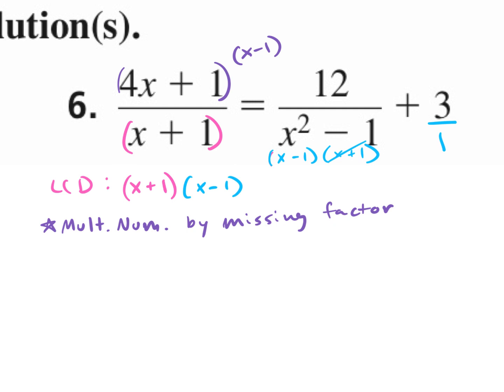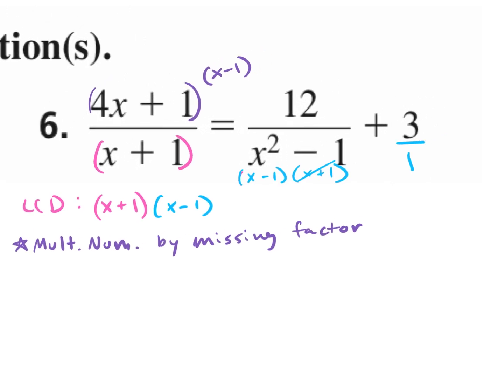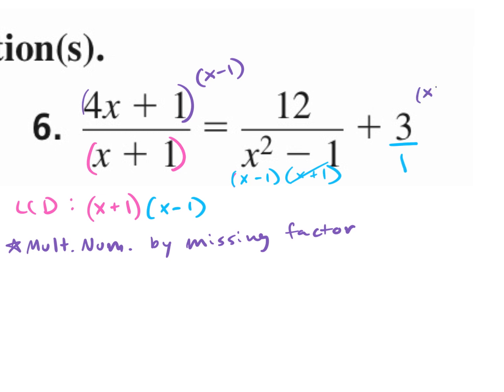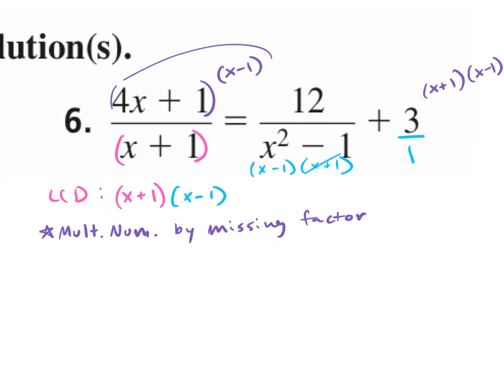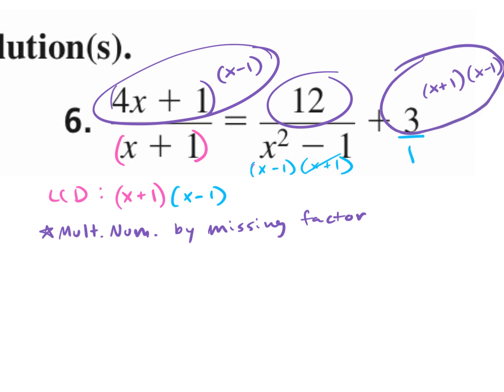It's got an x minus 1 and an x plus 1 in it, which are both of my factors here. So it's not missing anything, so I don't have to multiply that one. What about the third fraction, 3 over 1? X plus 1 and x minus 1. So we got to multiply them together and then add it all together.